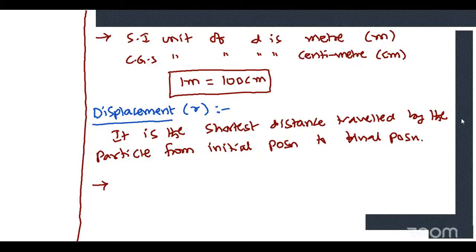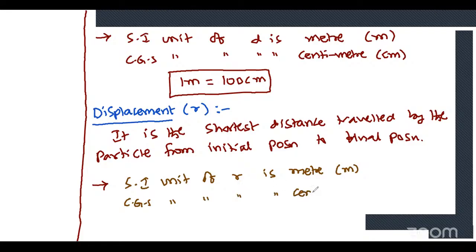So I can say the SI unit of displacement is the same as the SI unit of distance, that is meter. And the CGS unit of displacement is the same as distance, that is centimeter.